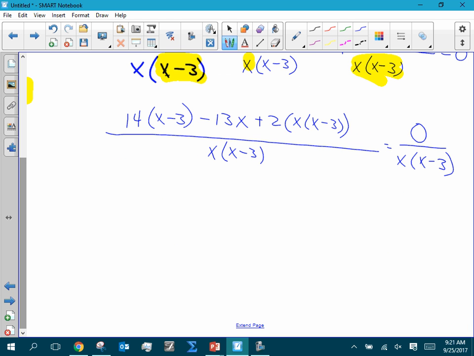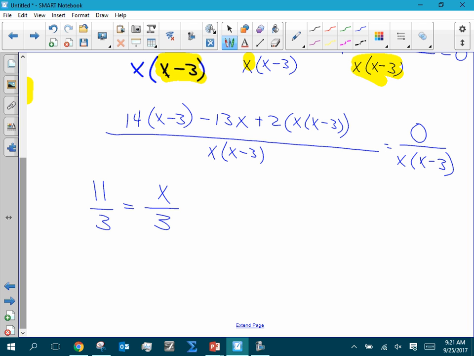Well, understand that if this is a fraction and that's a fraction and they have the same denominator, is this something like saying if I have, let's go, 11 thirds is equal to x over 3. Okay? Same denominators, right?